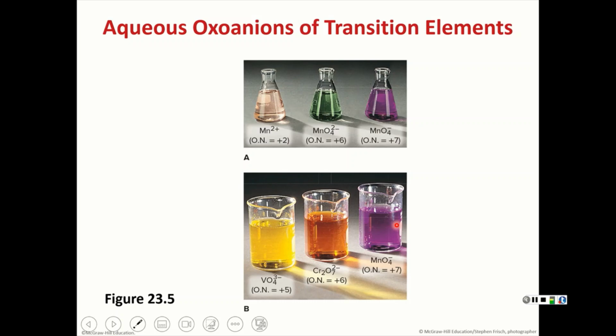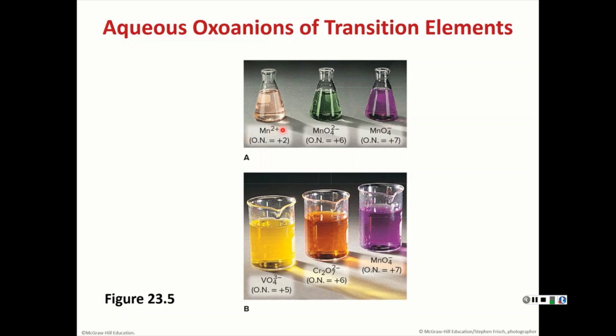This is a figure showing how different oxidation numbers can affect the color of some transition element compounds. So these are all oxoanions, which means that the positively charged transition metal is combining with oxygen to make a negatively charged molecule.